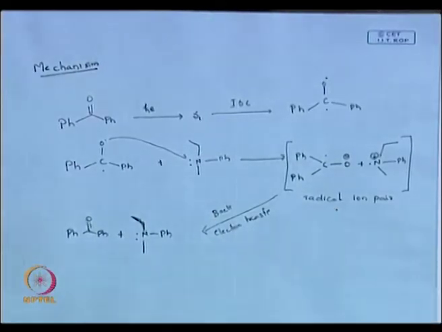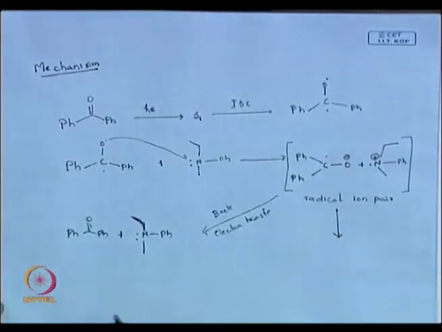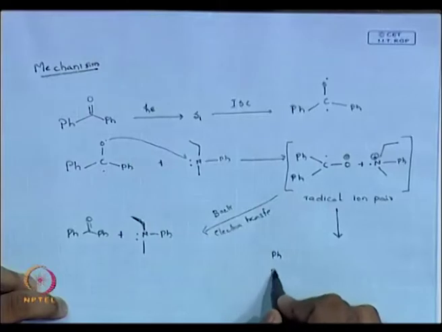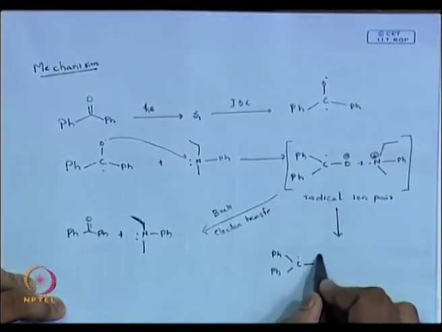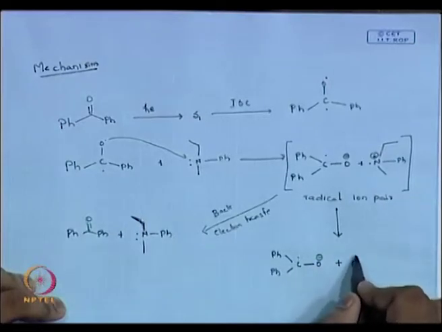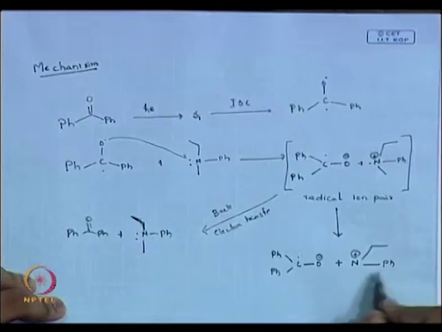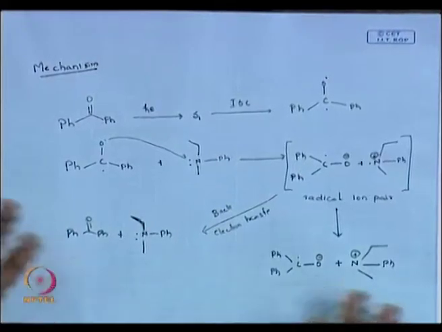If it diffuses, for example, instead of doing a back electron transfer, you take a system in such a way that it tries to diffuse from the cage, and they come out very fast. Then you end up with a system like this.